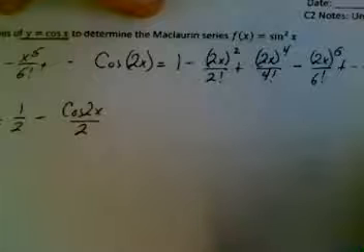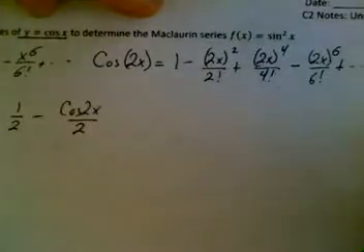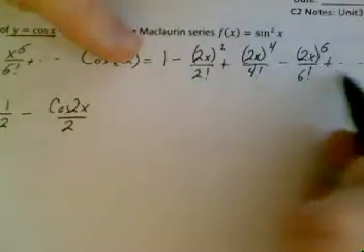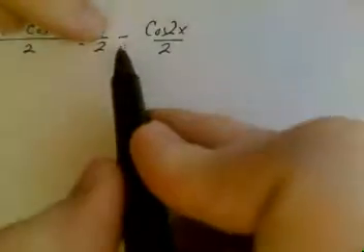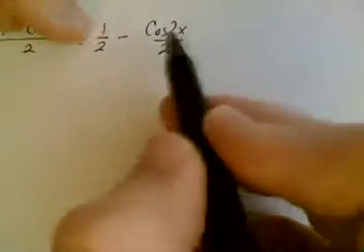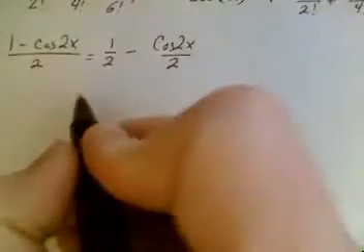So, what do I really have here then? Well, I have 1/2 minus all of that stuff divided by 2. I'm going to write this out very carefully.